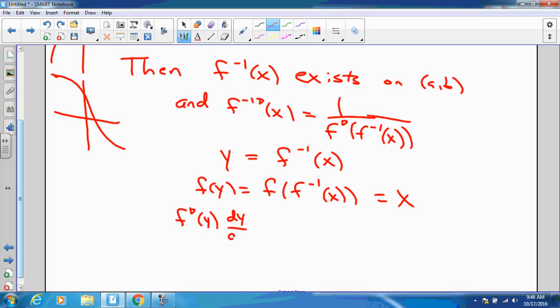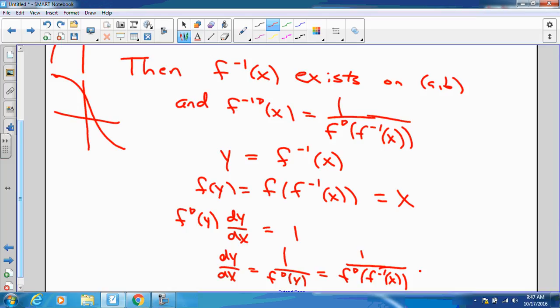Therefore, if I take the derivative with respect to x on both sides, f prime of y times dy dx equals 1, so dy dx equals 1 over f prime of y, and y is f inverse of x.